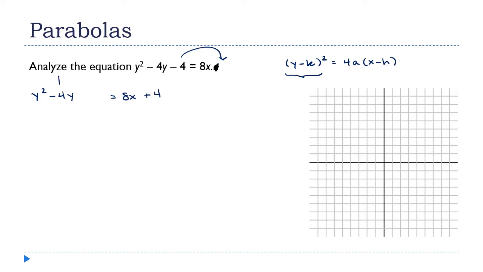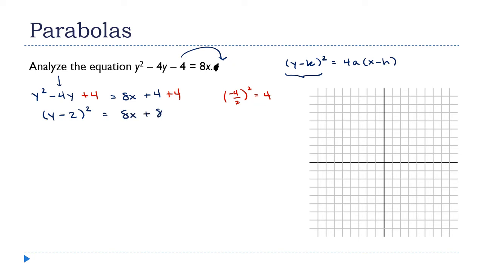I'm going to take that number that's in front of the y, divide it by 2 and square the result. If I do that, I get plus 4. So that's what I'm going to add to both sides. Okay, the left-hand side is now a perfect square. This is y minus 2 squared equals 8x plus 8.